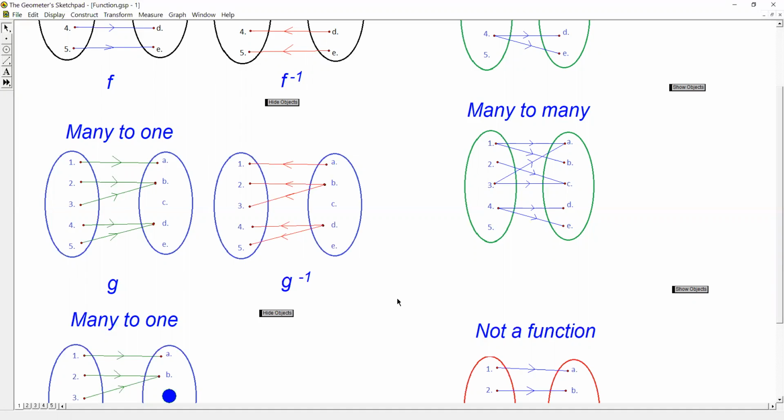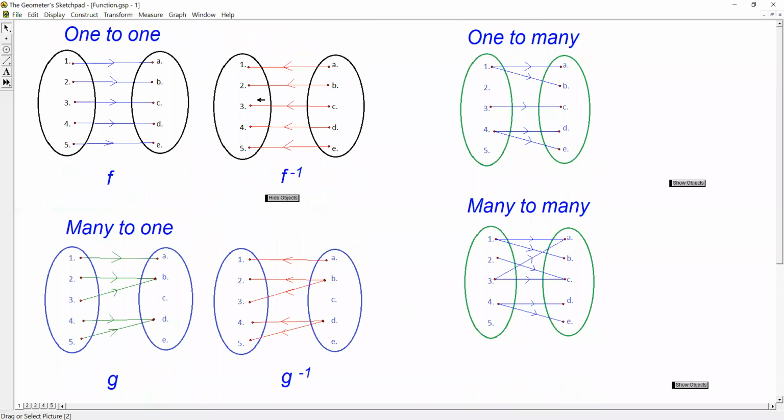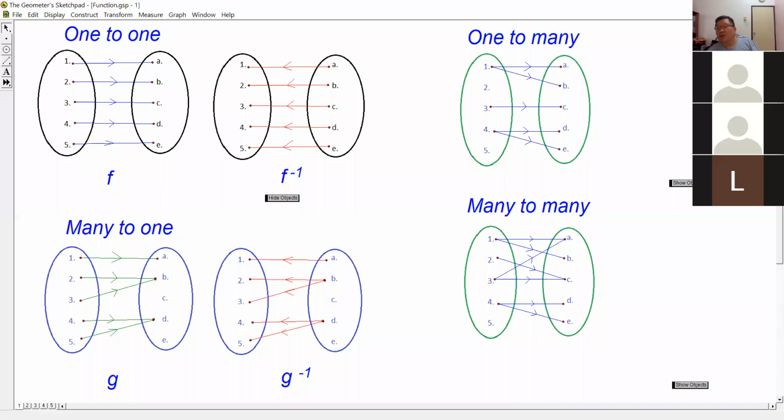So for this particular case, the forward function is many to 1, a function. However, if we look at the inverse, the reverse of this function, it is 1 to many. Now, as we all know, 1 to many is not a function. So this type of function, the inverse is not a function, right? Then the top one, this type of relation, the inverse is also a function. This type, the inverse is not a function. So clear or not, Nurul Iman?